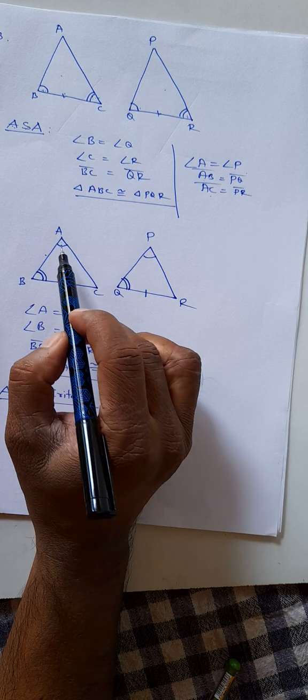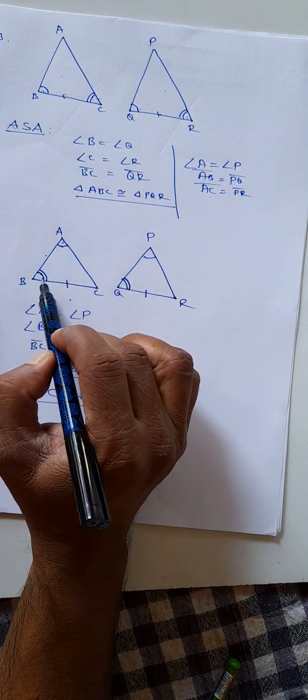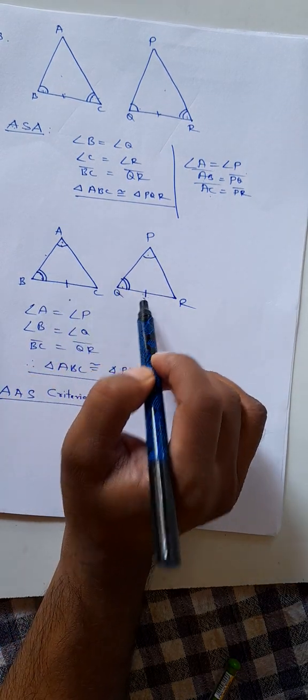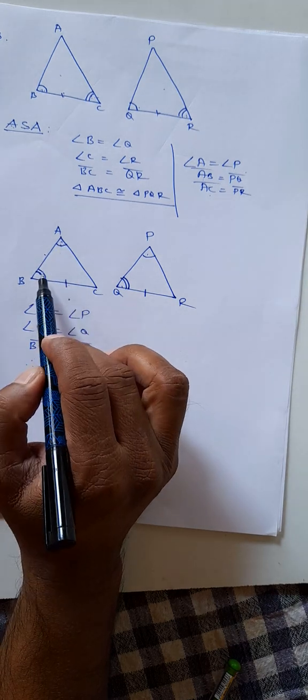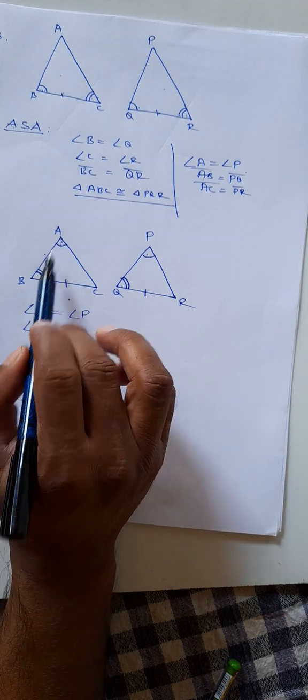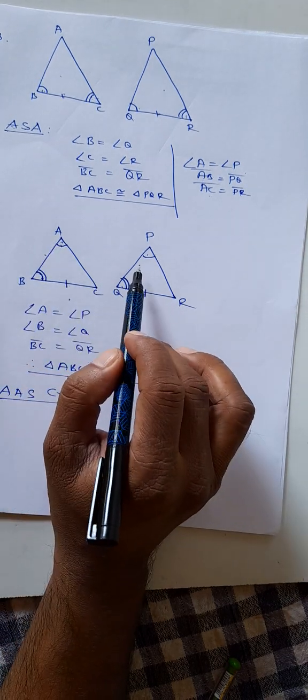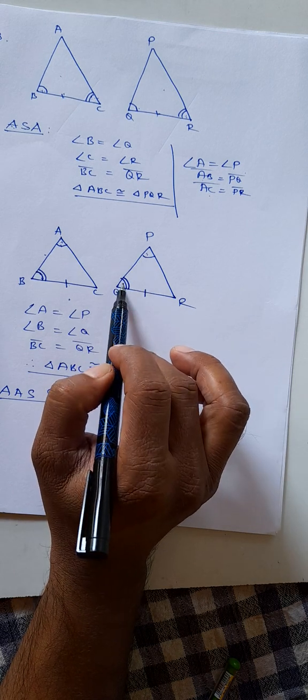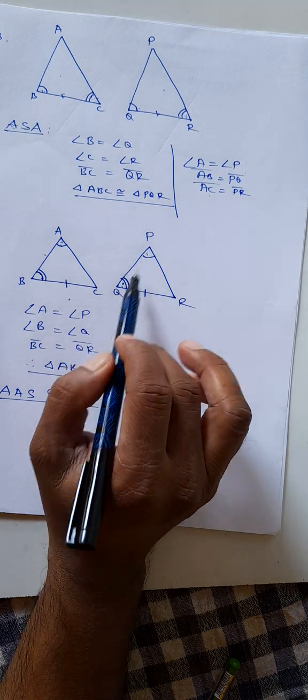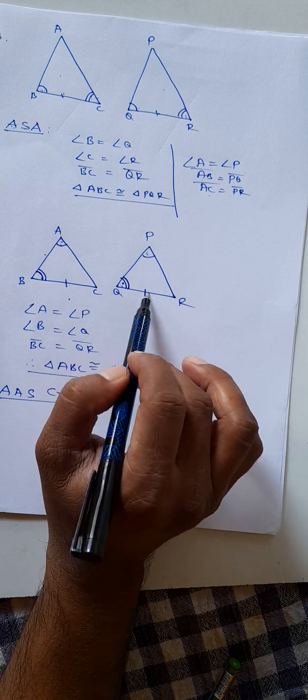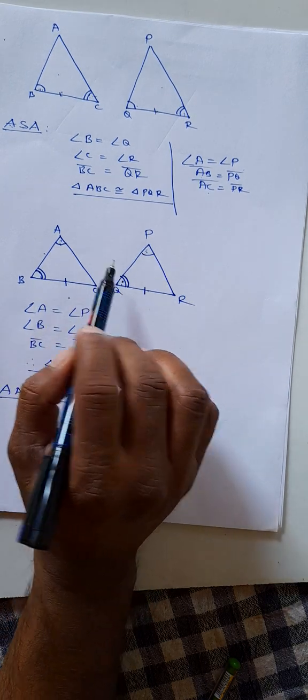Here you see AAS, angle angle side. Two angles and one side not included by these two angles are equal to two angles and one side not included by these two angles, right?